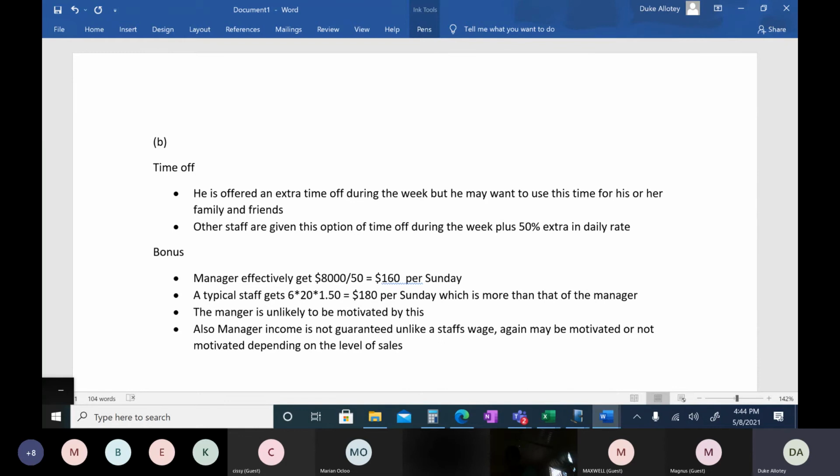When they do more than that, let's say they're able to sell 1 million, he is going to get 10,000, which works out at about 200 per Sunday, more than that. Yes, but then it could be less. So there is an argument for saying yes, it could be motivated if the sales are more, but if it stays where it is, then he is technically getting less than a typical staff.